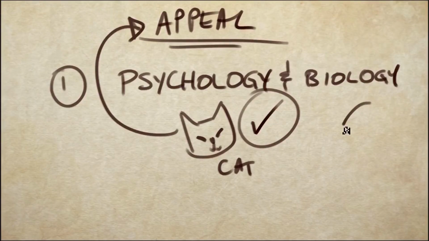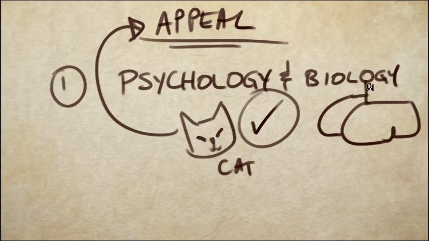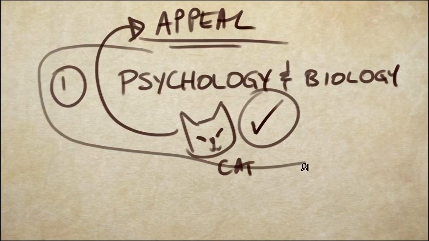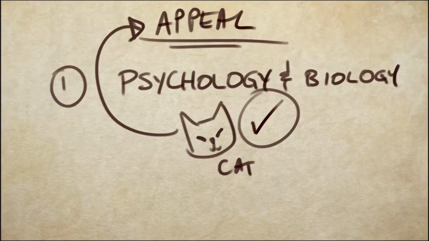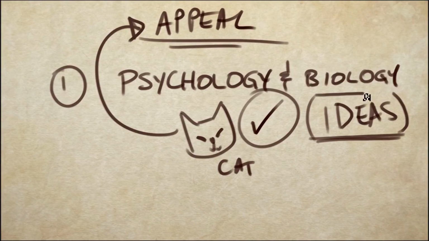You might draw shoes and be like, well, these shoes are mighty appealing to me. Whatever it is, that's like the king, and you could say it's ideas which you respond to on a psychological or perhaps biological level. That's one way of achieving appeal.